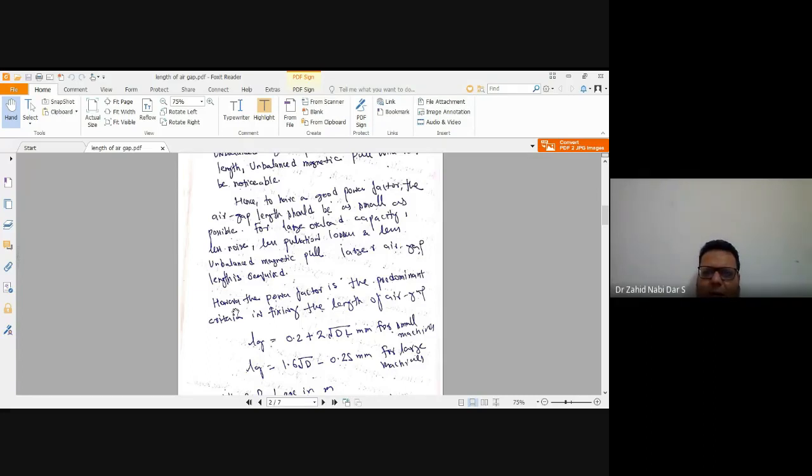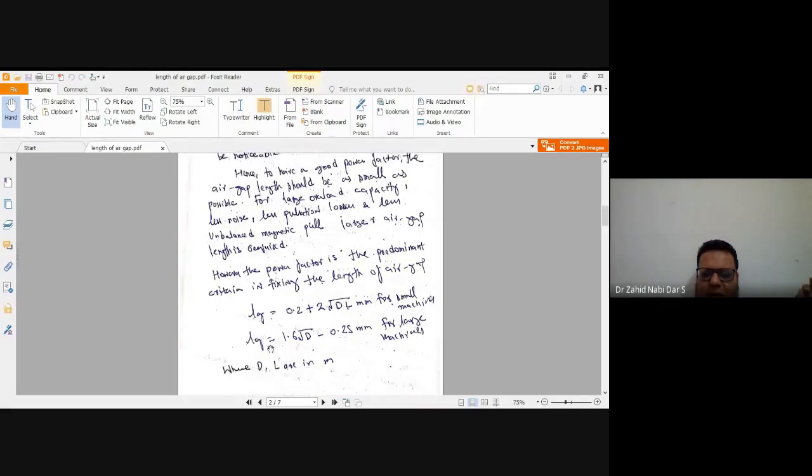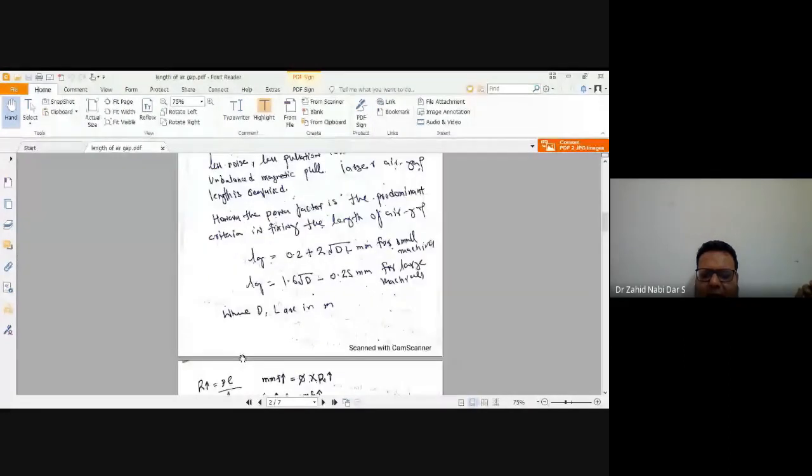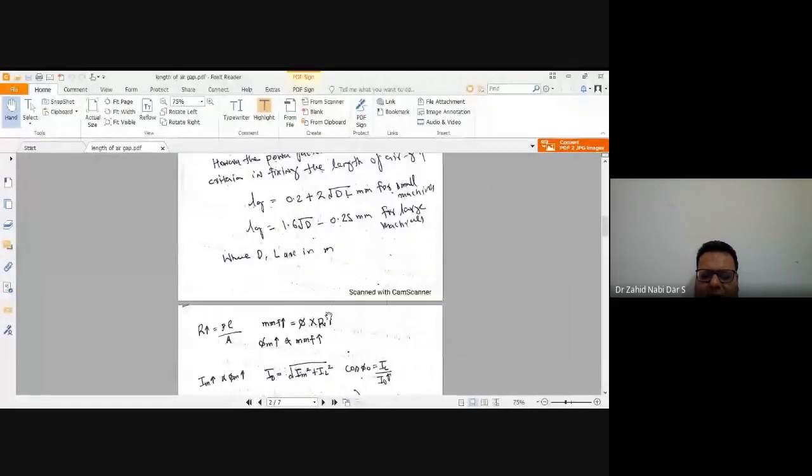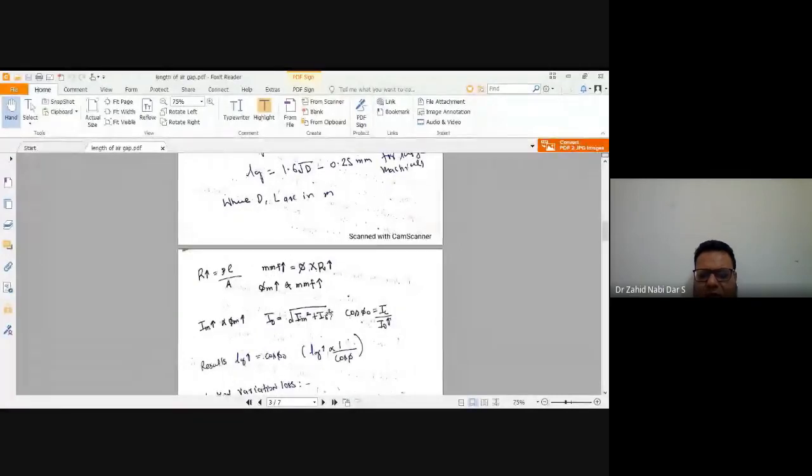To put a balanced view, scientists over the years have done many experiments and arrived at this: for small machines the length of the air gap should be 0.2 plus root DL, and for large machines it should be 0.16 root D minus 0.25, where D and L are in meters. Similarly, these are calculations based upon flux and reluctance, which we have already seen.